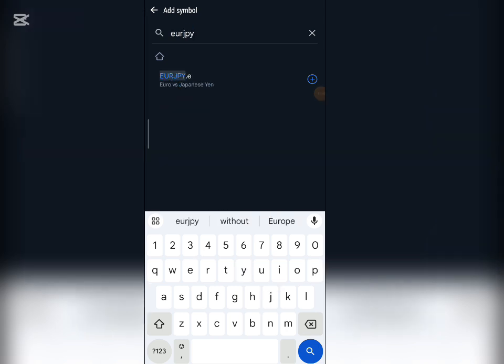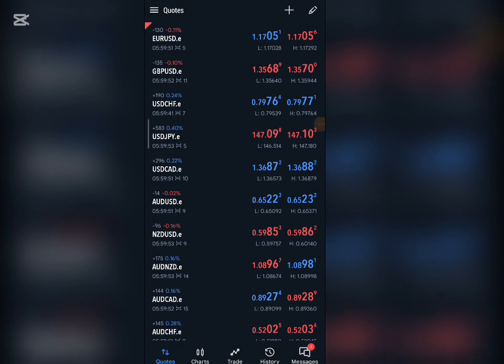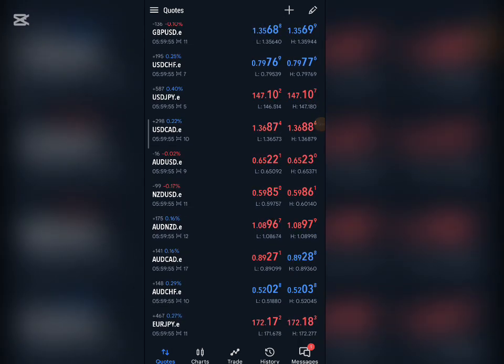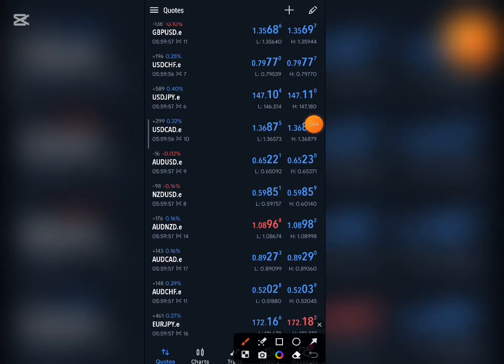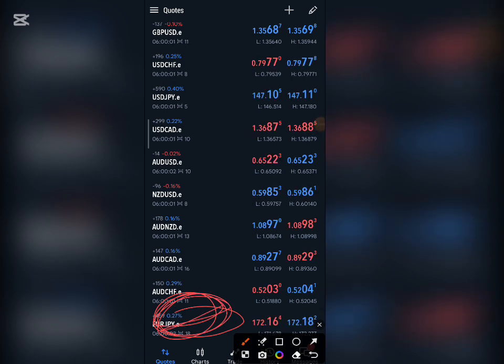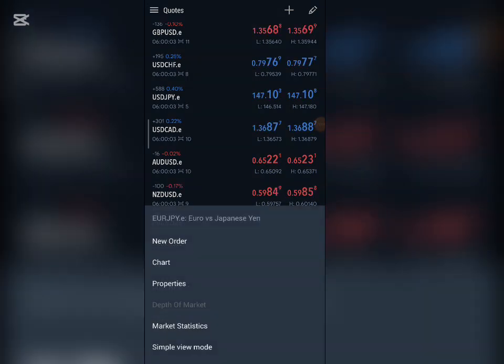Once you've seen it, you tap on it to add it. Once we come back to our quote, we find it right there at the bottom left corner. So we tap on the Euro JPY.